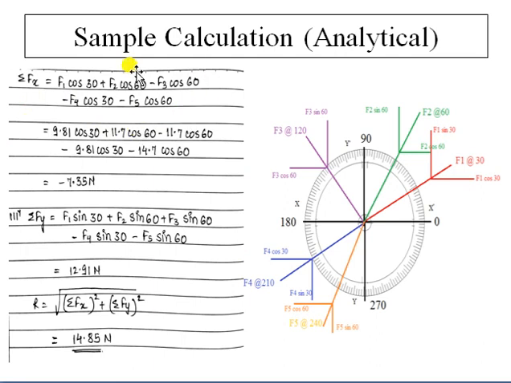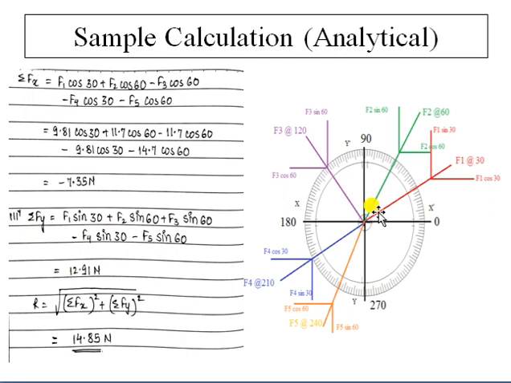This is what is represented here. We substitute the values as per the observation table shown in the previous part of the video, and we obtain the overall force acting in the horizontal direction, that is summation of Fx, which is minus 7.35 Newton.